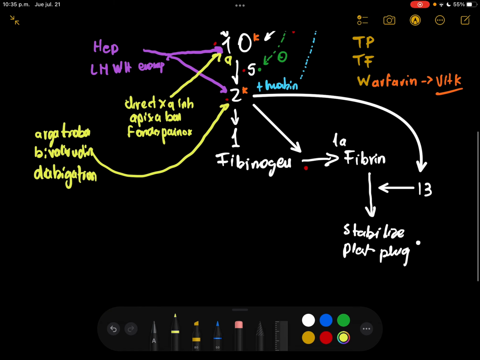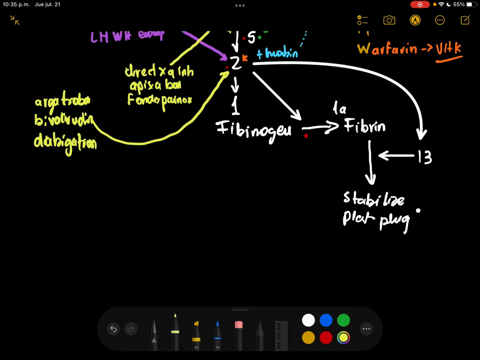Now, you have to keep in mind that, as I told you, your body doesn't want to have this clot for a long time, because you want to destroy this clot eventually to start the repair stage.